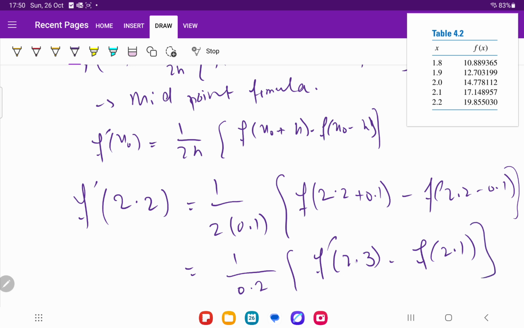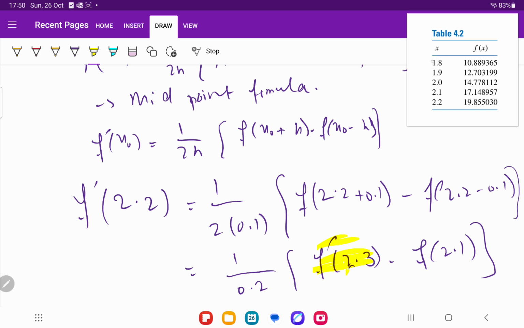So you can see that this term 2.3 does not exist in this table. It means that the midpoint formula cannot be applied to the edges.